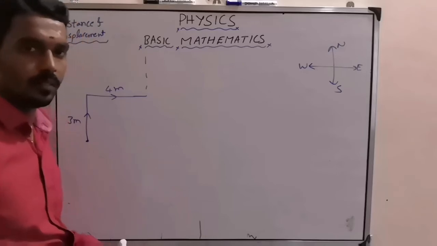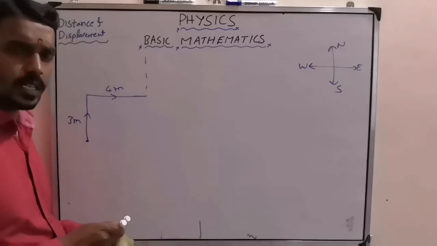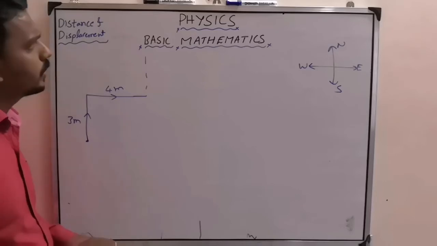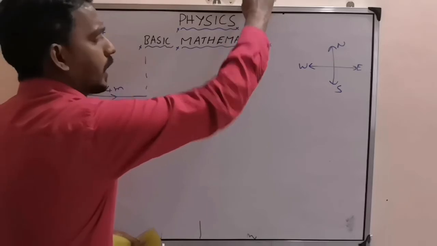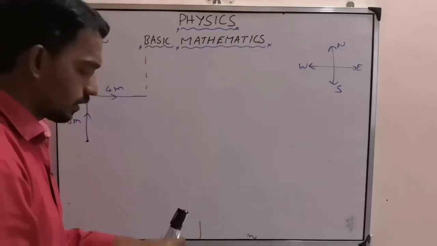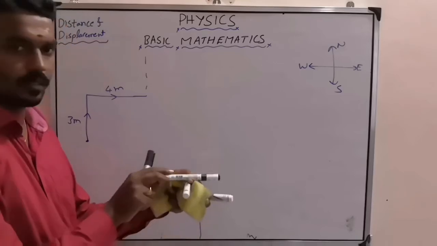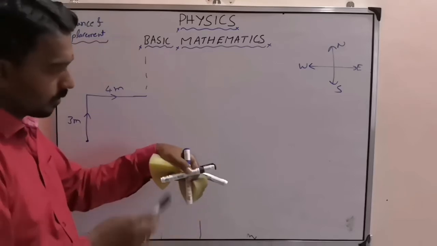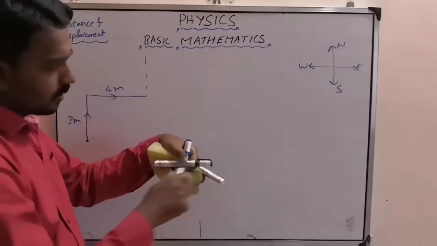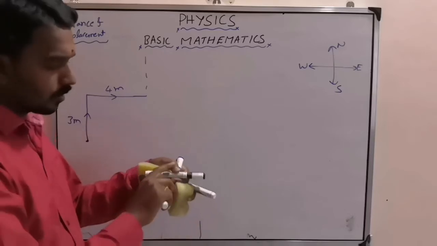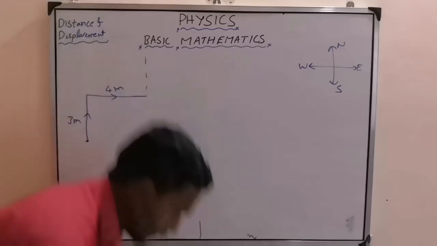No, wrong. See here. When you want to take the directions, you need to take it in this way. Always, please take care. Whenever directions are mentioned, take it like this: north, and this is south, east, west.